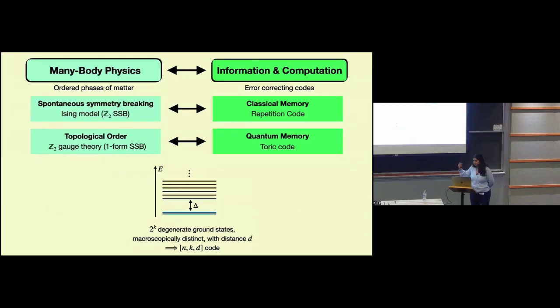But the conference is embedded within a larger program, which is called Noise Robust Phases of Matter. So we care not just about encoding information in ground states, but we also care about memory. How is that information going to remain stable?